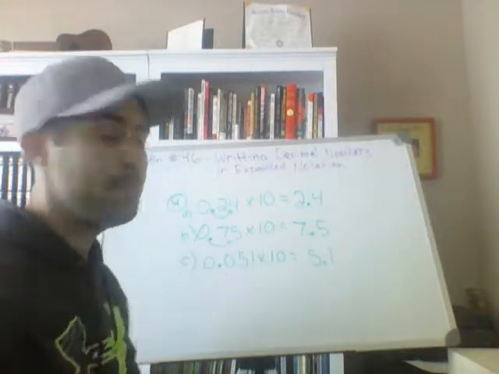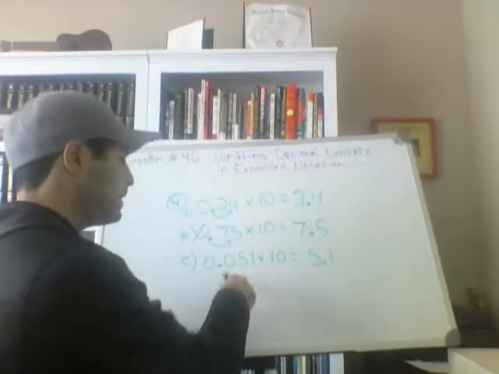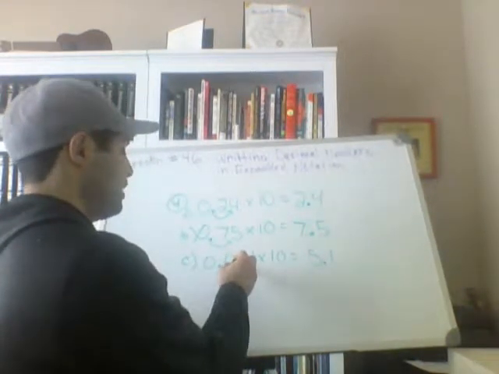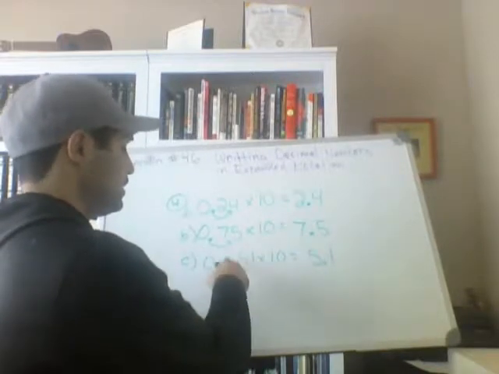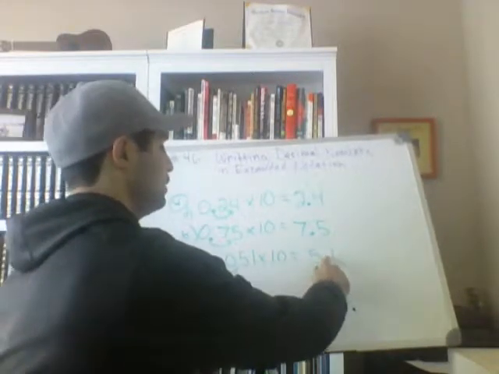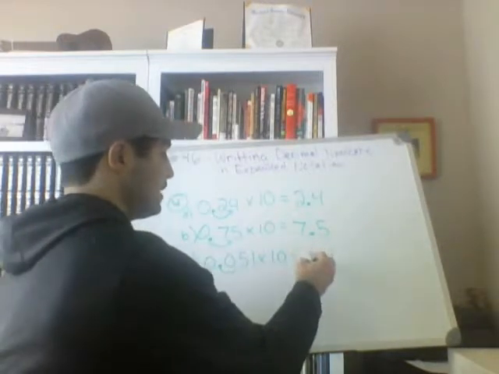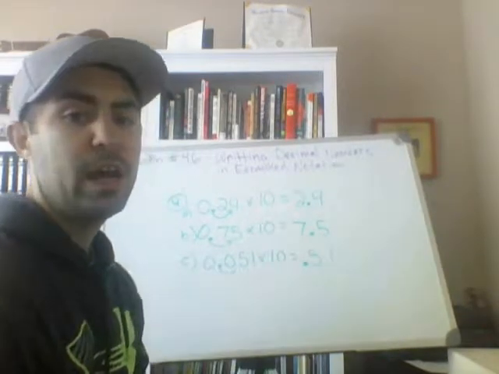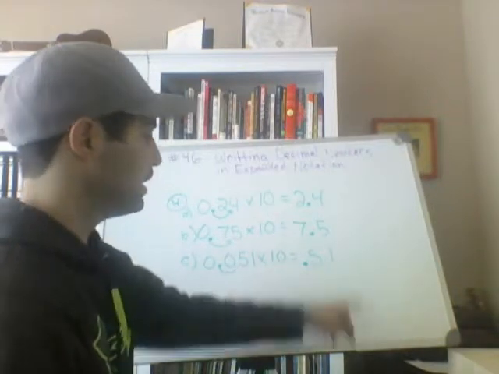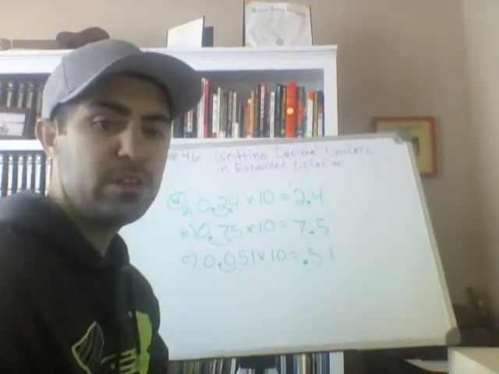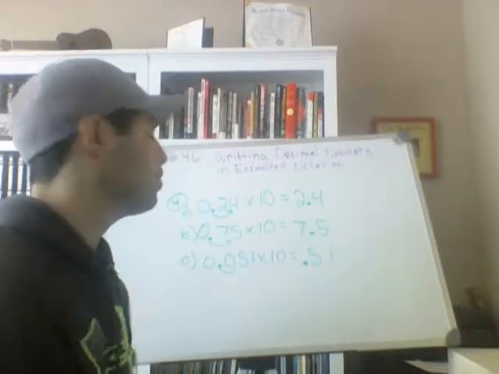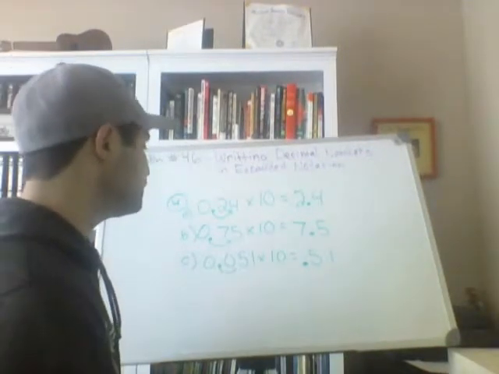When you multiply by 10, you move the decimal one place to the right. So the decimal point would be before the 5. So in that case, the answer would be 51 hundredths. Okay? So these are a couple ways you can multiply numbers by 10.